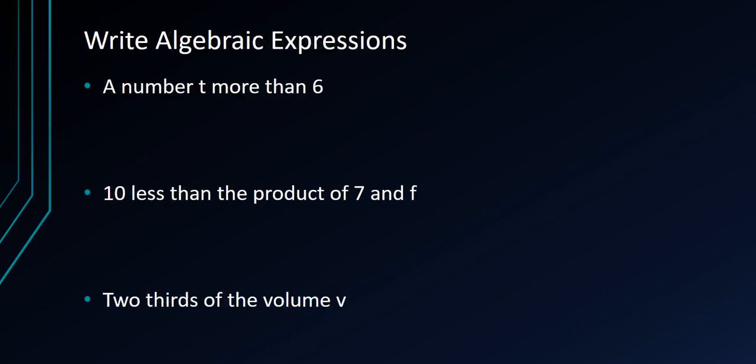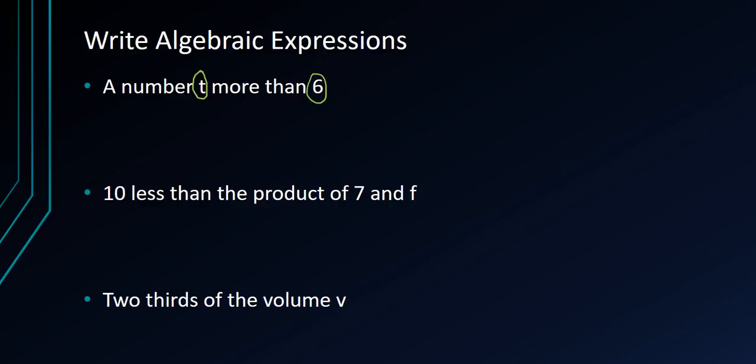So the second thing is going the other way, and this is normally harder for you. You have a verbal expression and you need to write this in the algebraic term. So we have to look for keywords and decide what those mean. So we have a number t, so we're going to have variable t, more than 6.